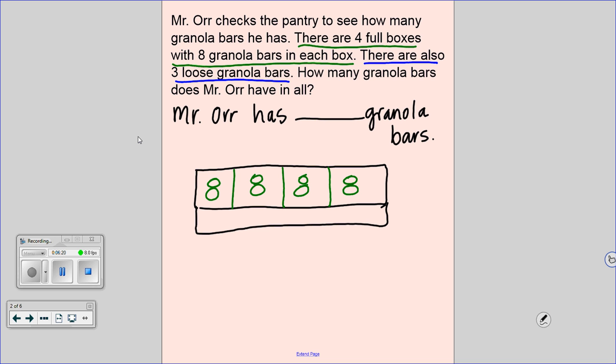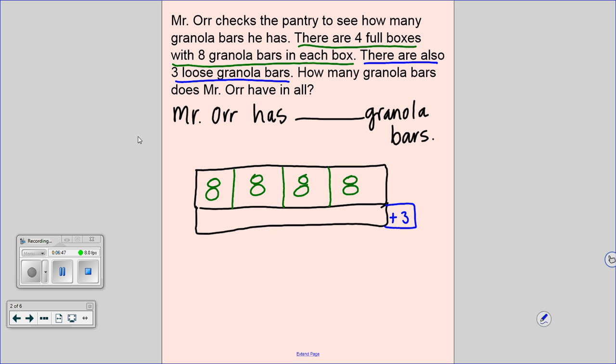It still is worth the total, but it looks a little different. And it's going to be helpful since we got a couple of different things going on. Now, we still have to deal with that 3 granola bars, right? Yeah. I'm actually going to add those with the same color that I underlined to this bottom bar. Plus 3.